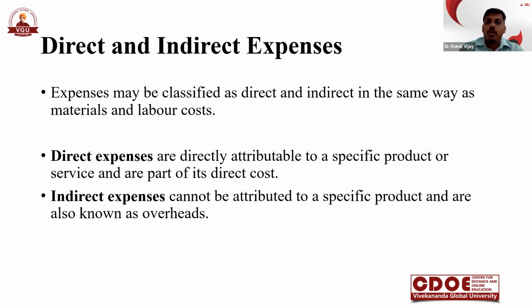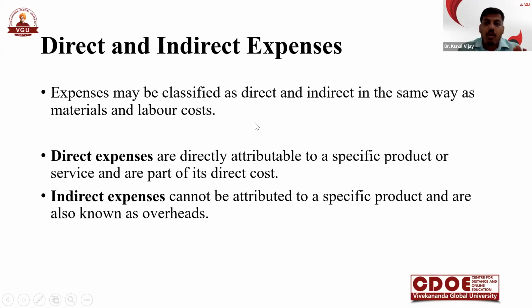But suppose you are in an organization where common expenditures are there. Suppose in the organization advertisement is also there, office salary is there, and combined electricity for the entire organization. You cannot relate that electricity to a particular product. You cannot relate advertisement expenses to a particular product, because we are doing expenditures for all the products. So these are known as indirect expenses, because they cannot be directly attributed to a specific product.